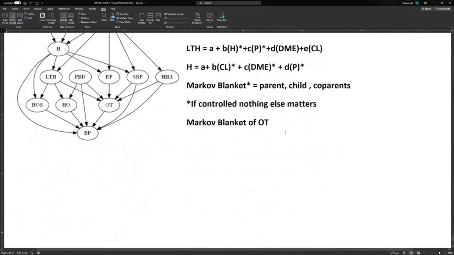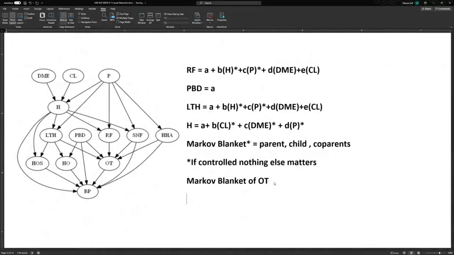The children would be BP, and that's it. Right. And what are the co-parents? HO, HOS. And well, yeah, that's it. And H. Oh, H yeah, also.